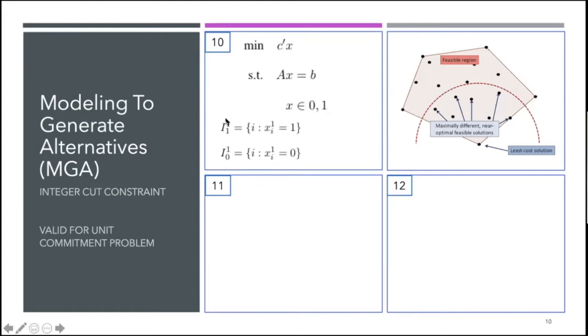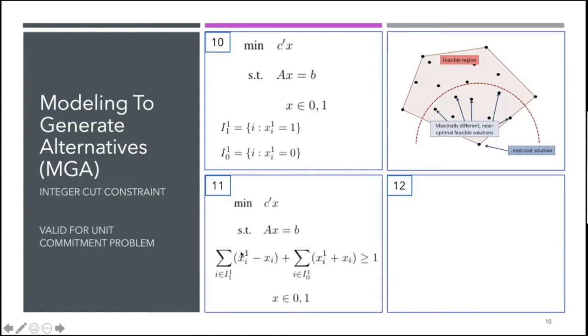So we again form two sets here, I1 and I0. This I1 set is a set of all xi that take value 1 at the optimal solution. And I0 is a set of xi that take value 0 at the optimal solution. Right? So the integer cut constraint formulation then introduces this one constraint.